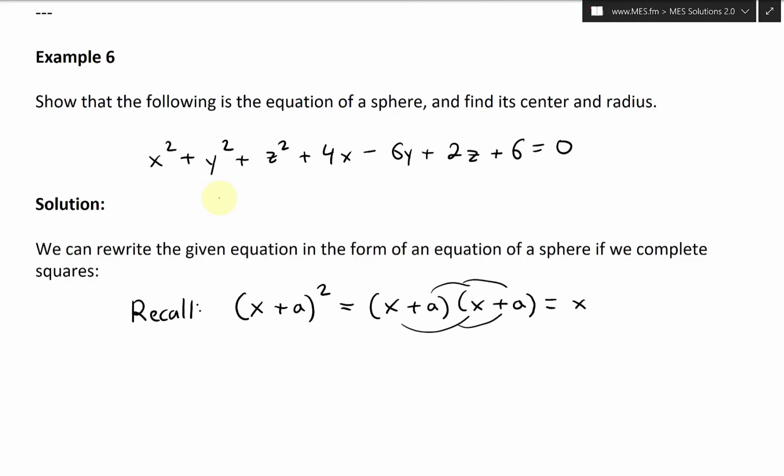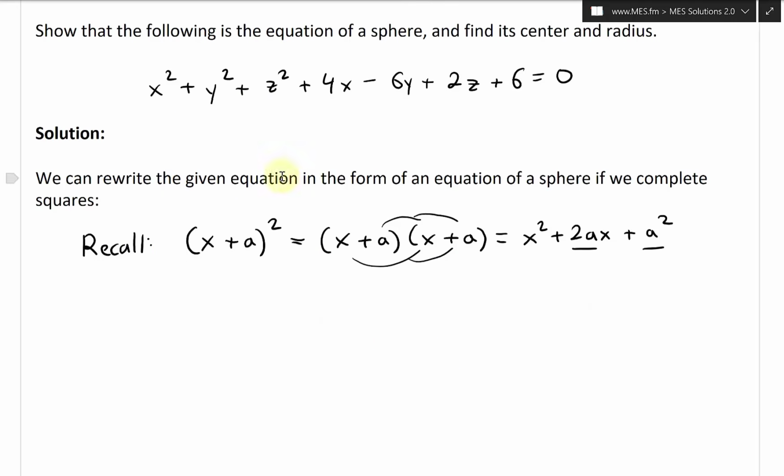So this equals x squared plus 2ax plus a squared. The key thing is we have this 2a, and then this a squared, and that's what (x plus a) squared becomes.